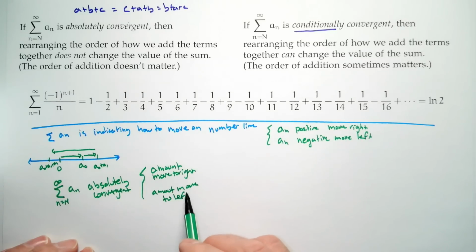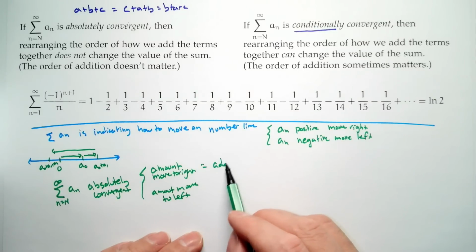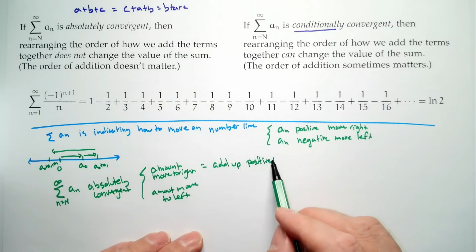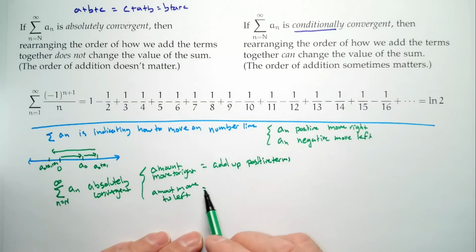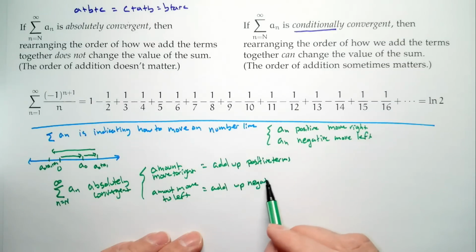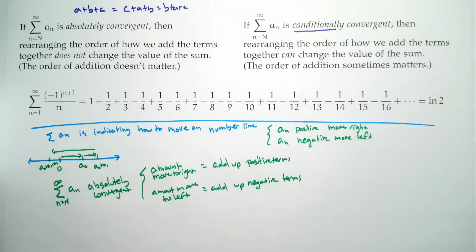Well, how do I find that? What you do is you add up the positive terms, and you add up the negative terms. So far, this actually has nothing to do with absolutely convergent. It just says, for any sum, the amount I move to the right, you add up the positive terms; the amount you move to the left, you add up the negative terms.